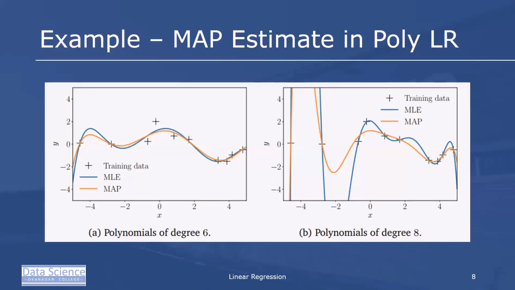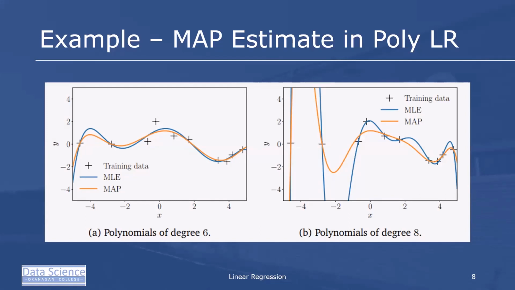Here's an example of MAP estimates. In the polynomial regression example from before, we place a Gaussian prior on the parameters theta and determine the MAP estimate. In the figure, we show both the maximum likelihood and the MAP estimates for polynomials of degree 6 and 8.